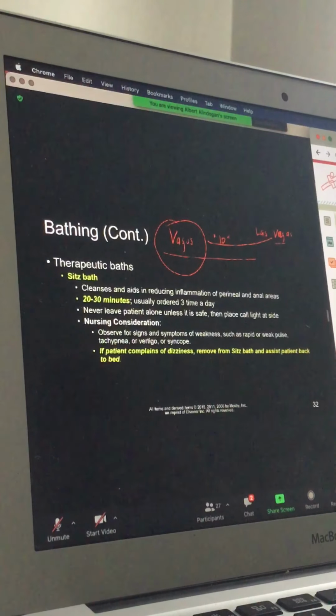It can cause a massive dilation of the blood vessels and a sudden drop in blood pressure, and then you fall. So some of the symptoms: the patient will start to complain, I feel weak and dizzy. When you hear the words weak and dizzy, stop the bath right away and move the patient into bed.